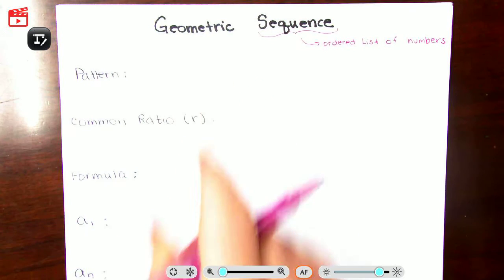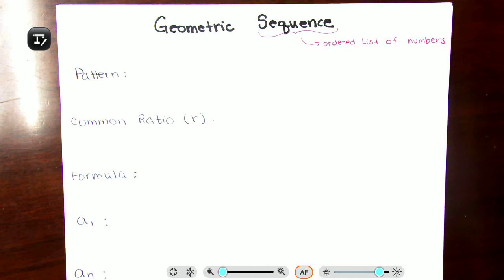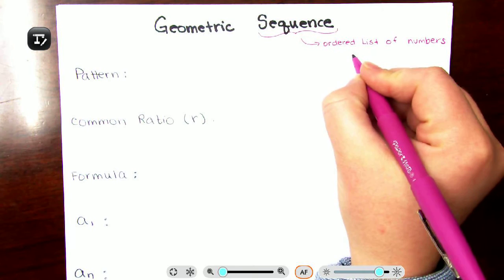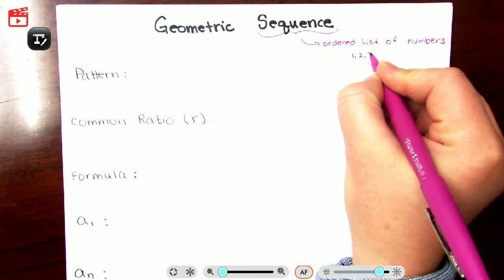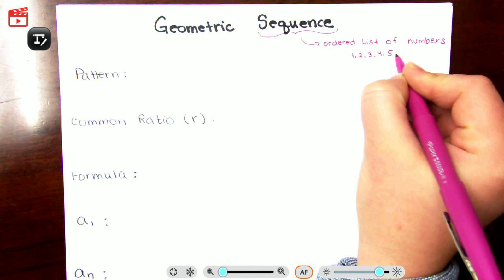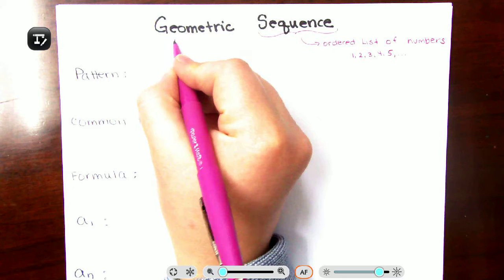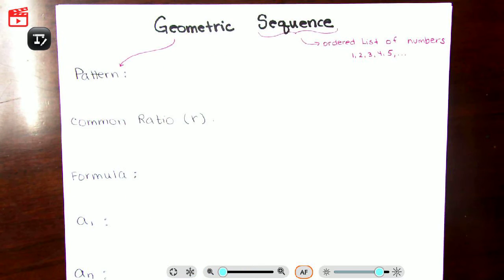The geometric part tells you what the pattern is. So for example, an ordered list of numbers could be 1, 2, 3, 4, 5, etc. That doesn't mean that ordered list is geometric. It just means that's an ordered list of numbers. It is a sequence.